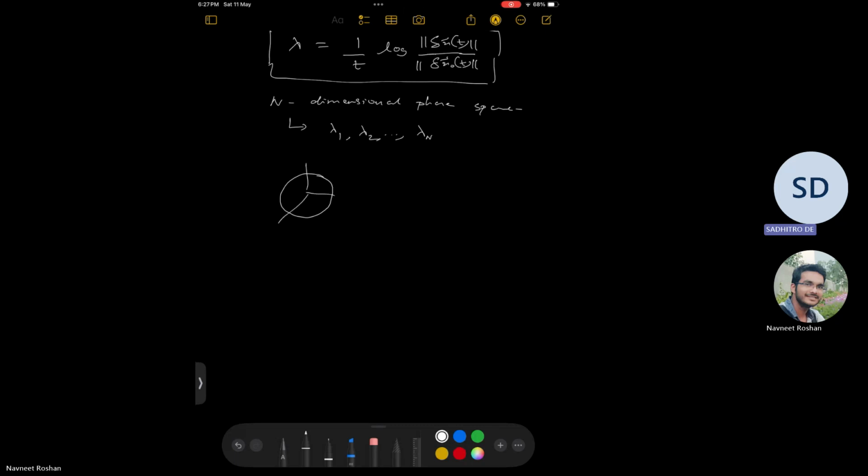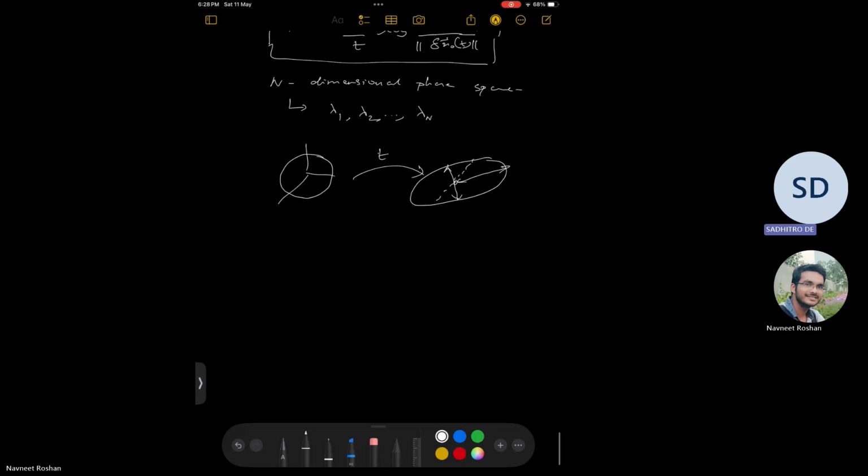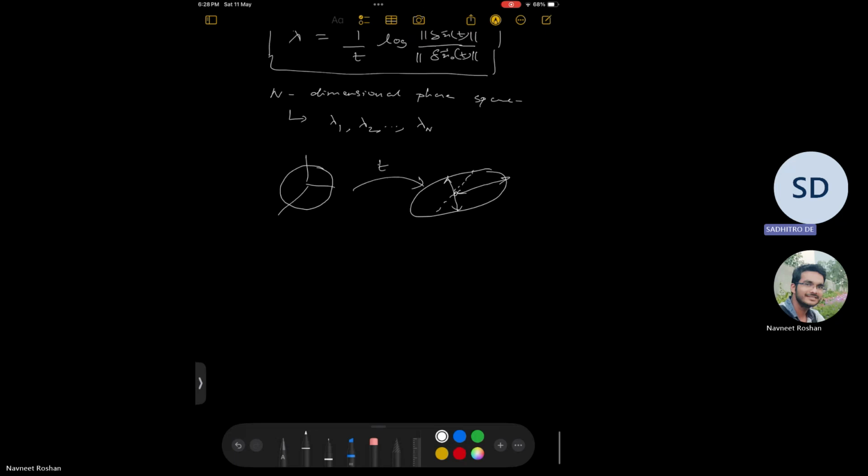For the simple case, we consider a three-dimensional phase space. After a time t, this volume gets deformed to something like this. This can also be decomposed into three orthogonal axes. There is an expansion along this direction and a contraction along this direction, and similarly along the other direction there might be an expansion or a contraction. Since it is a three-dimensional space, there are only three Lyapunov exponents here.